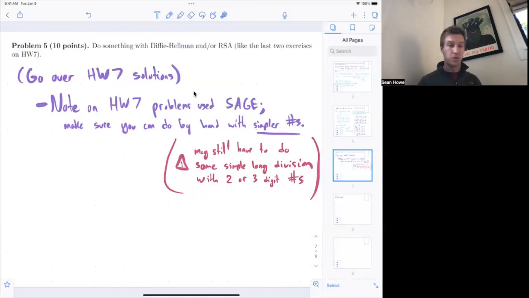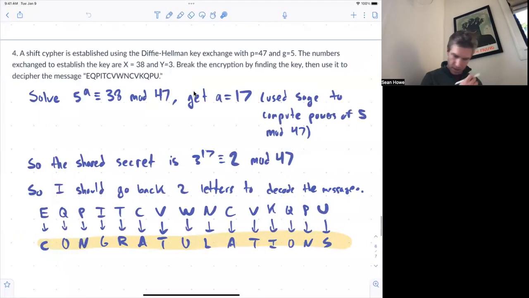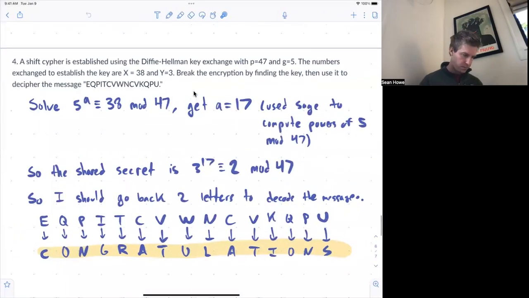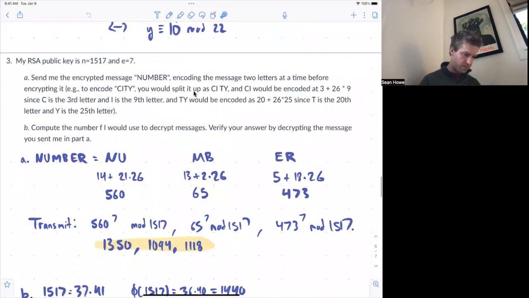I'll post the solutions when I post the video, right after we end class today. So let's see, I have some solutions. Good, so that was problem 3 and problem 4.